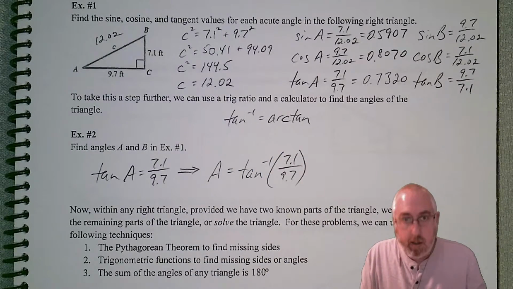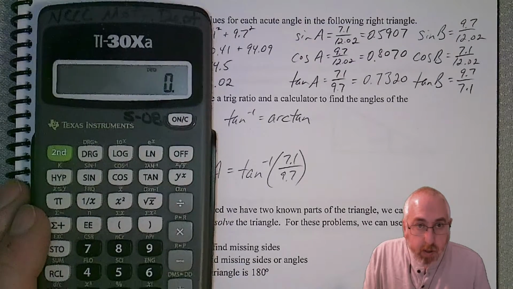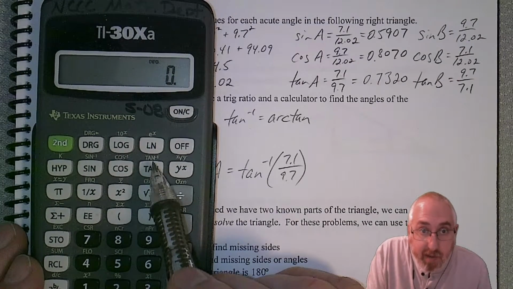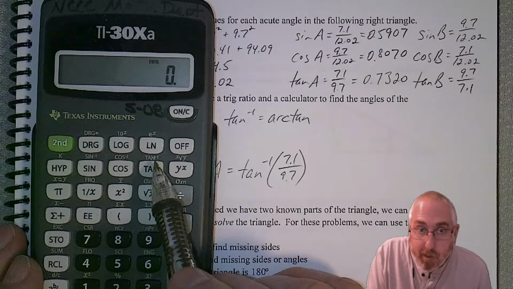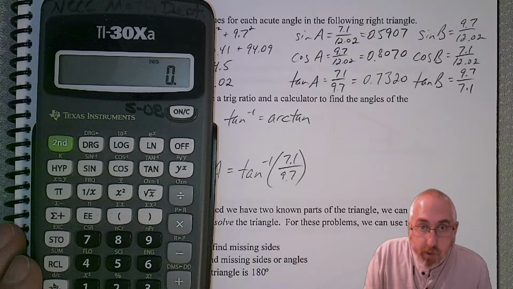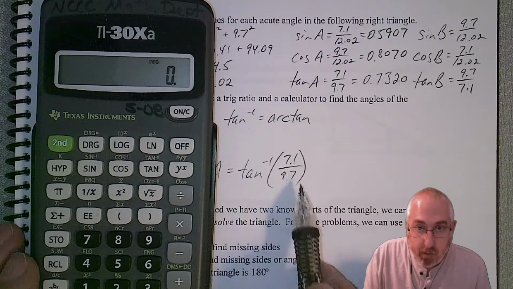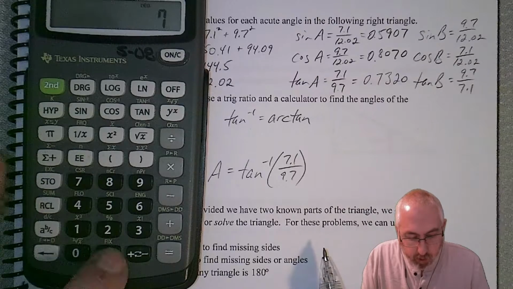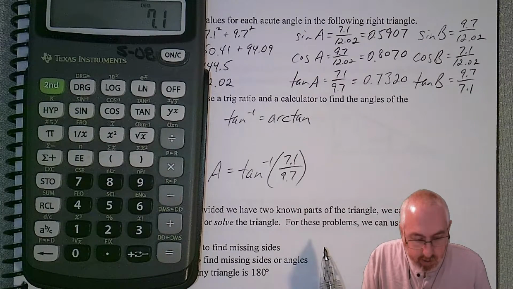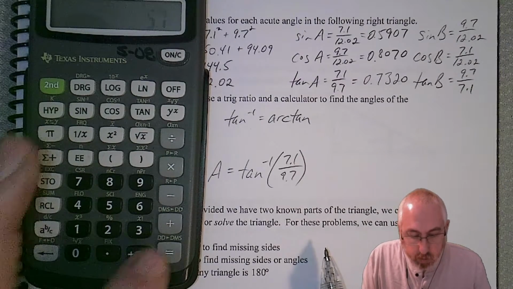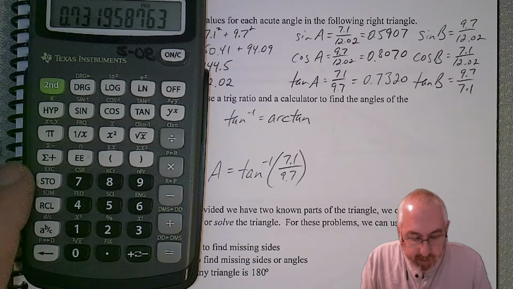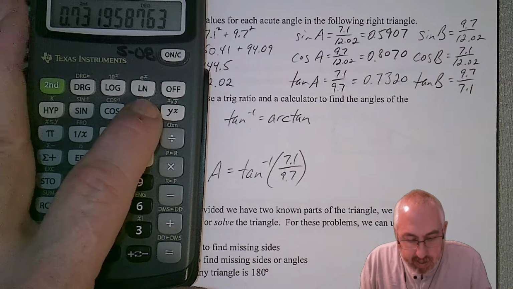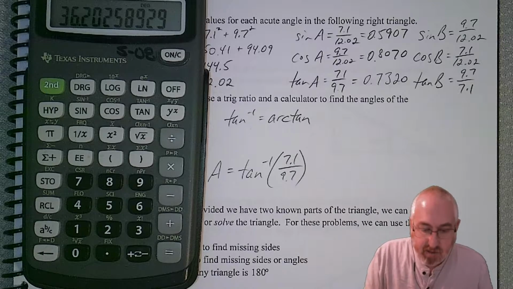So let's take a look. On your calculator, you can see right above it, there's that tangent -1 that we're looking for. So what we would do first is get this decimal in our calculator. So 7.1 divided by 9.7 equals, so there's our decimal. But now if we hit second tangent, that's going to give us the angle.